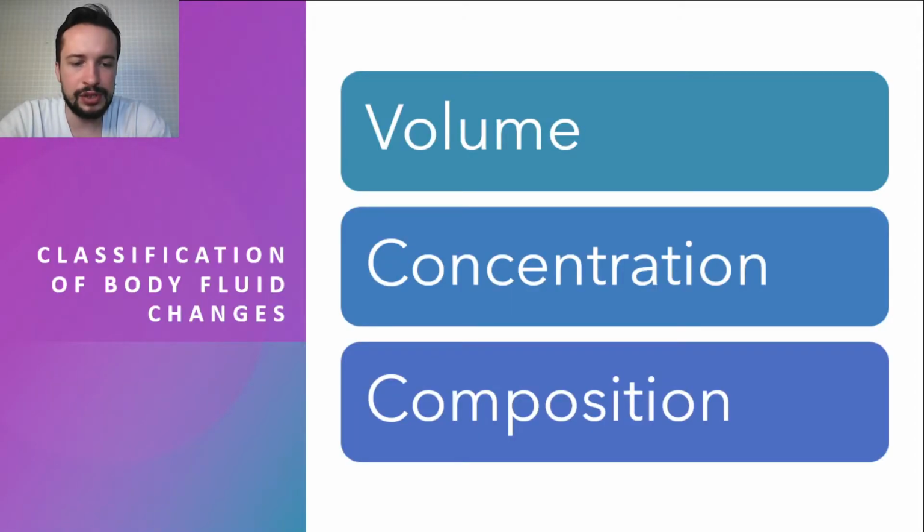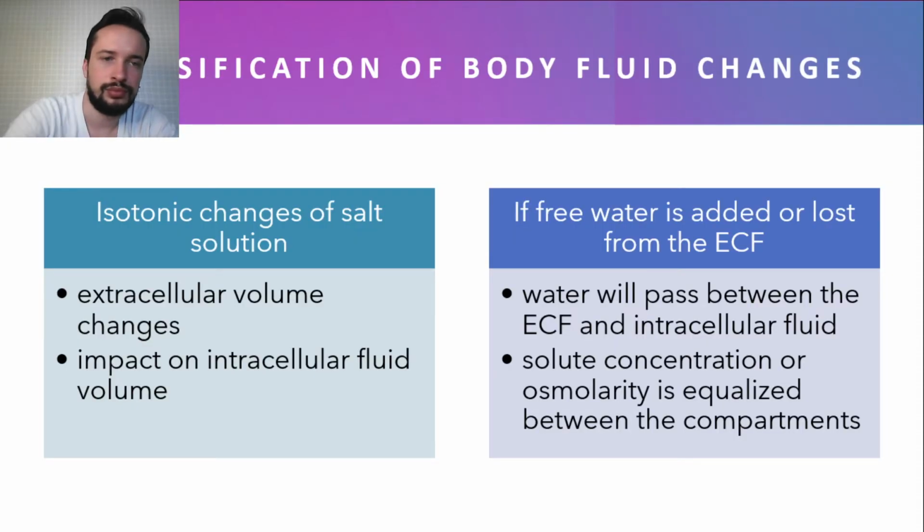Disorders in fluid balance may be classified into three general categories: disturbance in volume, concentration, and composition. Isotonic gain or loss of salt solution results in extracellular volume changes with little impact on intracellular fluid volume.